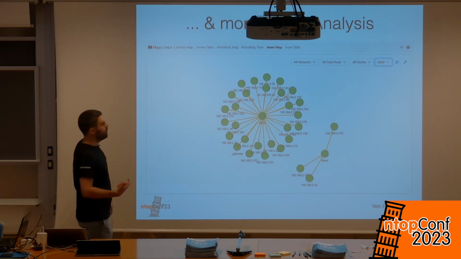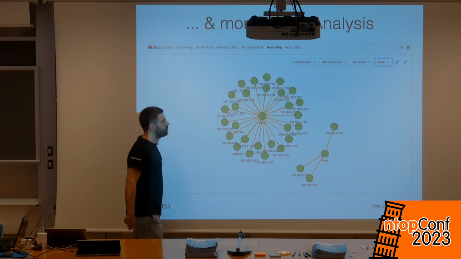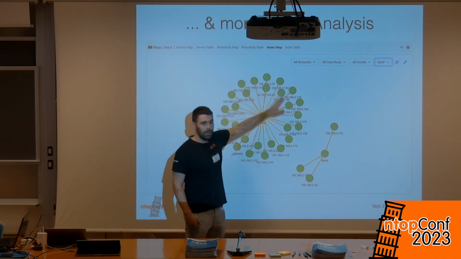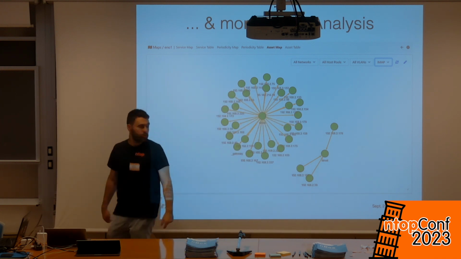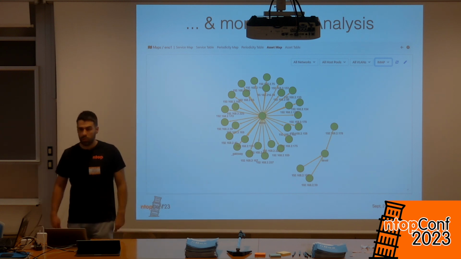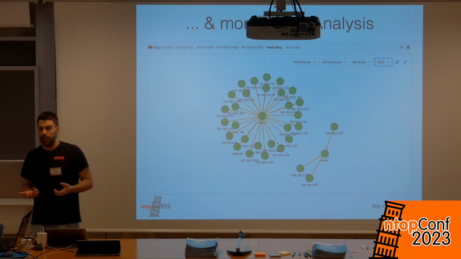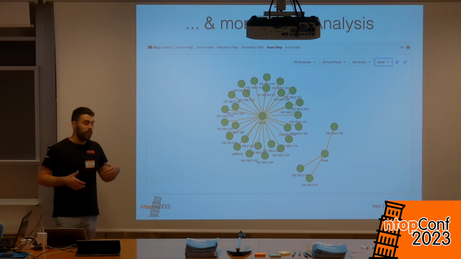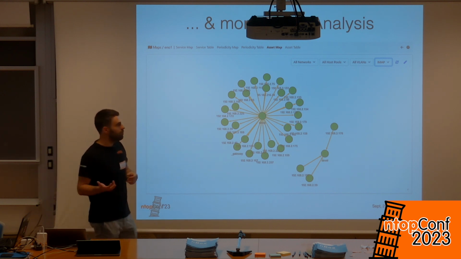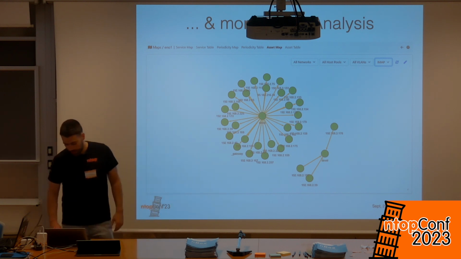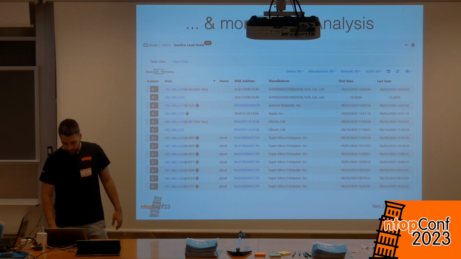We even enhanced the map we already had, so now we added the asset map. By using this map it is possible to see the assets you have in the network, so SMTP, POP, IMAP, DNS servers that you have in the network.